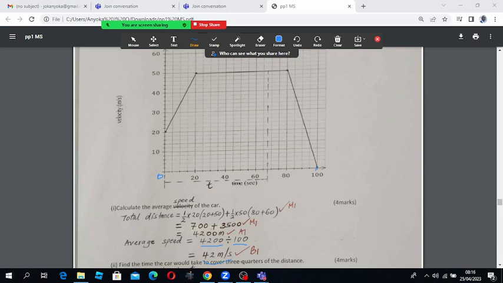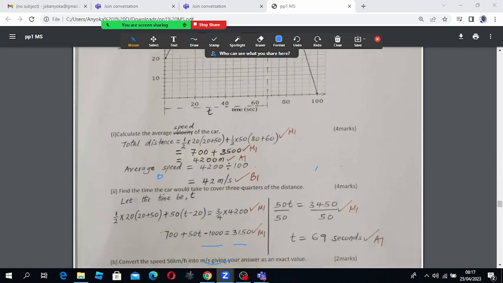So take note that total distance covered is the area under the graph. Find the area under the graph by all means, partitioning it into trapezia, triangles and rectangles, then find the area of the shapes and add.